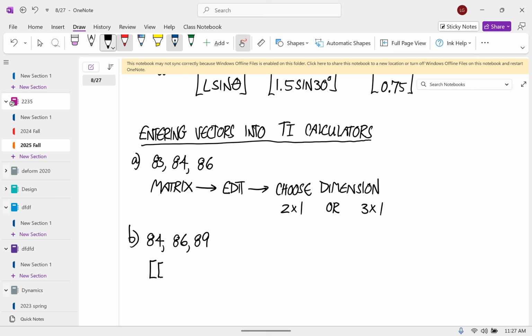So another square bracket, and then A, square brackets B, square brackets C, and then a square bracket to end the vector. So this is your X component, your Y component, and your Z component.